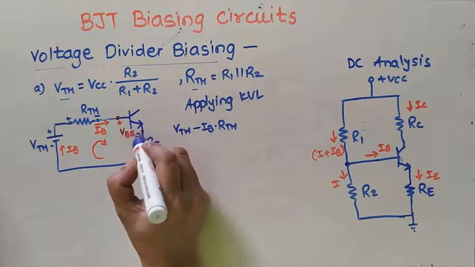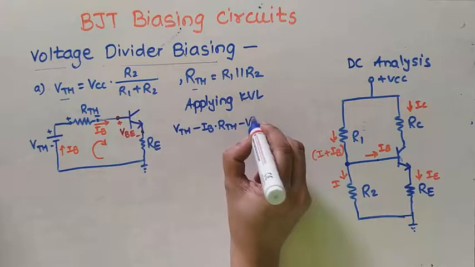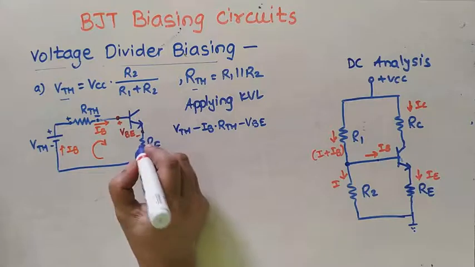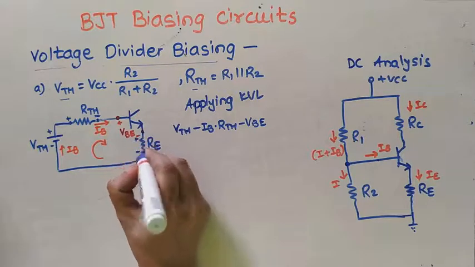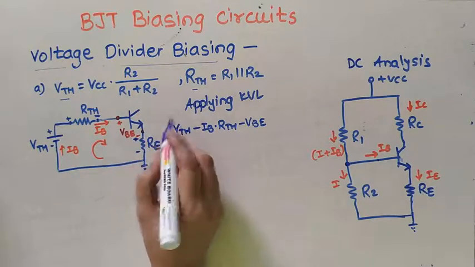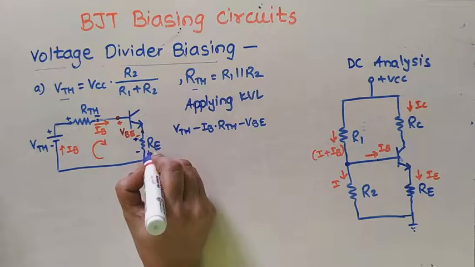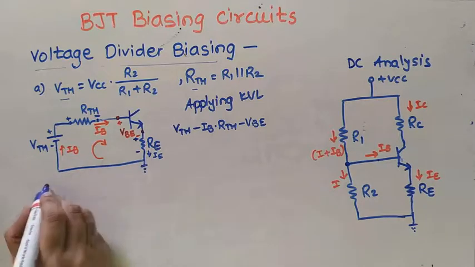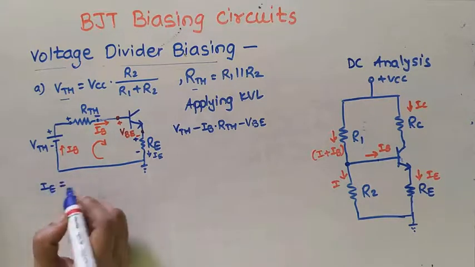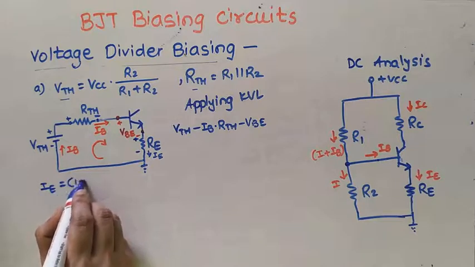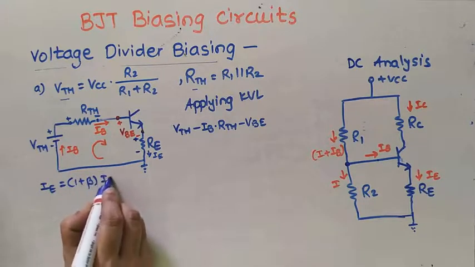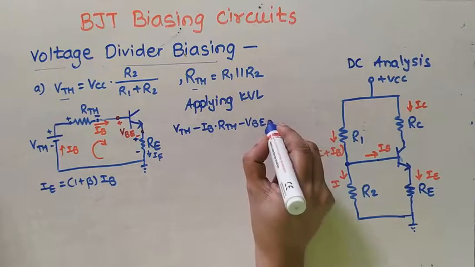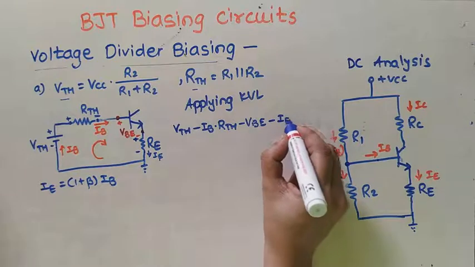Then again the voltage drop is minus VBE. Across RE we have the voltage drop plus and minus, which is IE into RE, because the current flowing through RE is IE, and the relation is IE equal to 1 plus beta into IB. Instead of IE you can put this value here, but initially I'll put IE only.